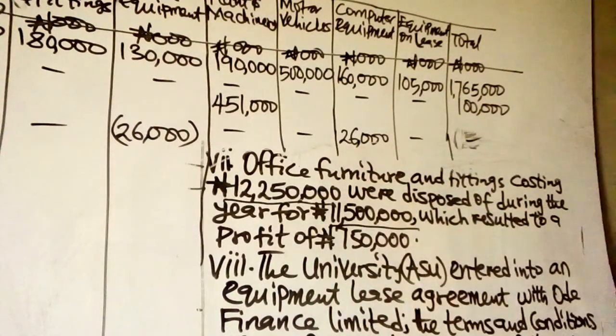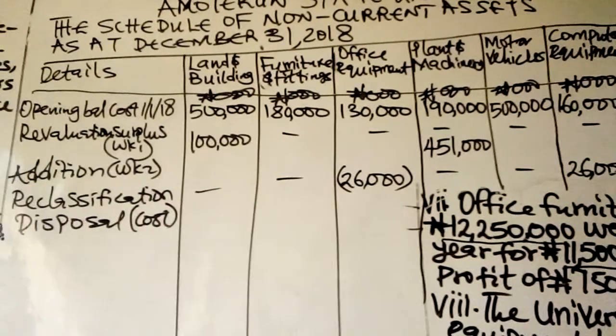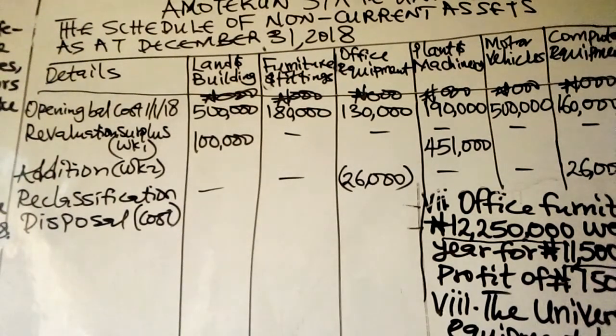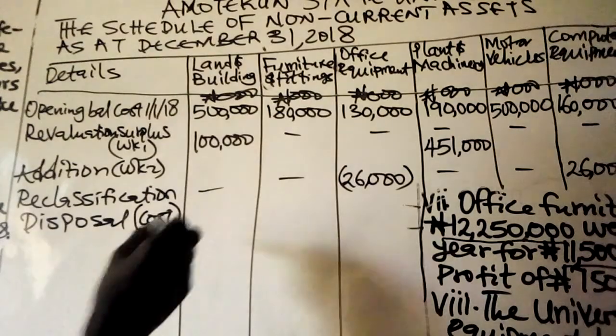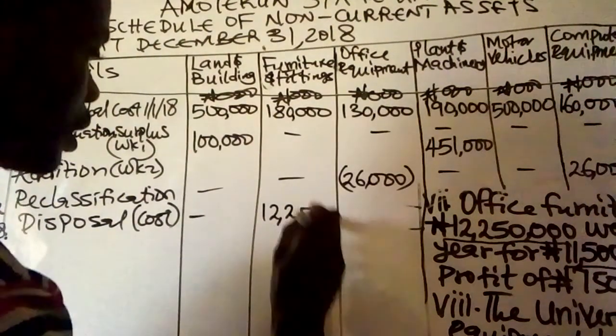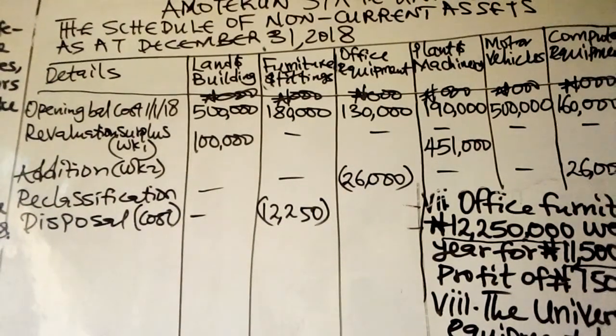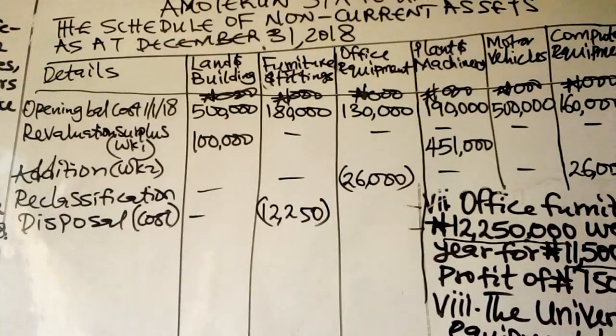So this is the cost. So now you include it under the office furniture column, 12,250,000. Since it is disposal, it is going out of the fleet of assets. Note 8.